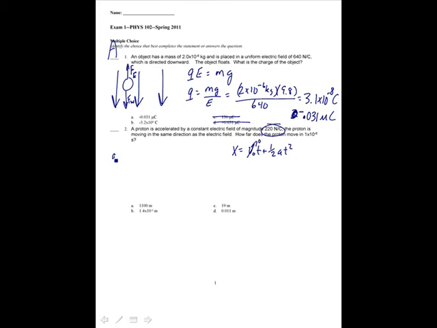Well, we know that the force due to the electric field, QE, is equal to ma. So we solve this for a. This is QE, the force due to the electric field, over the mass. The charge of a proton is 1.6 times 10 to the minus 19 coulombs. E was 220. And m for a proton is 1.67 times 10 to the minus 27. These numbers were on your equation sheet.